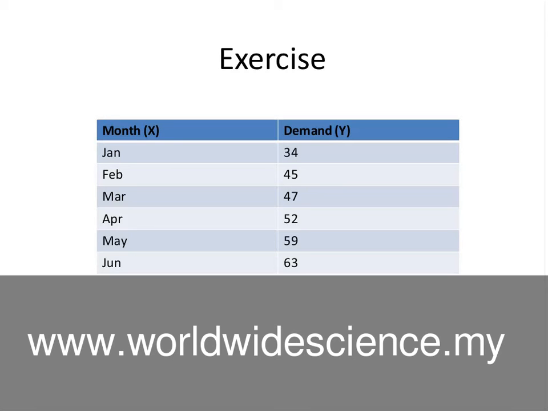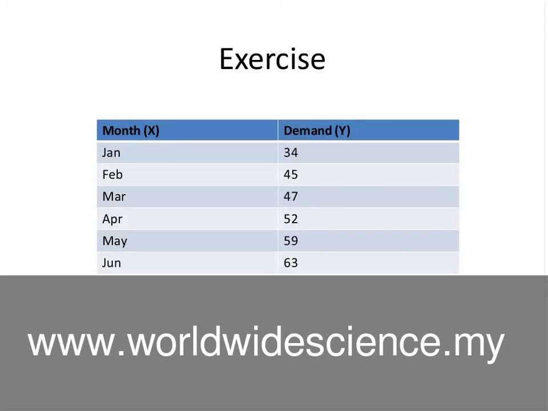The 29 is A, and 6 is B. A and B are two constants, not variables. They should be calculated from the historical data, the data we have in our hand. For X, we have 6 figures: January is 1, February 2, March 3, April 4, May 5, June 6.